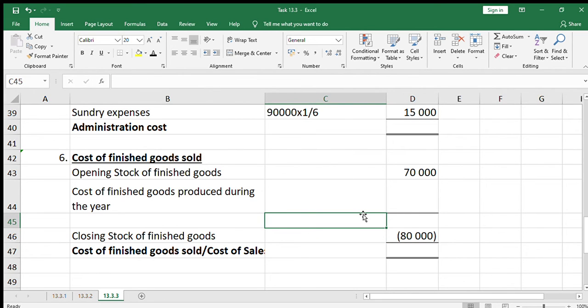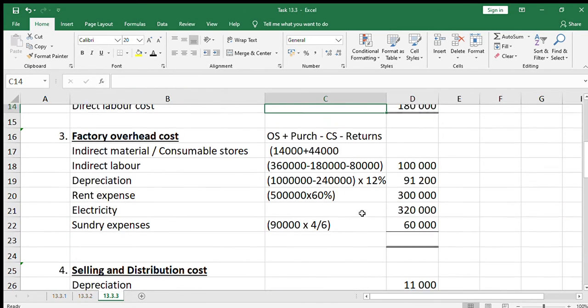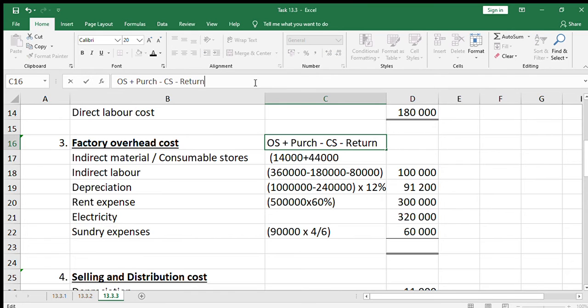Okay, then consumable stores on hand of 6,000 rand. We have a consumable stores on hand, I don't know if you remember, but we put that here as indirect material or consumable stores. And I told you the calculation is opening stock plus purchases minus closing stock and minus returns if there are any. There are no returns in this question, so we don't have to worry about it.